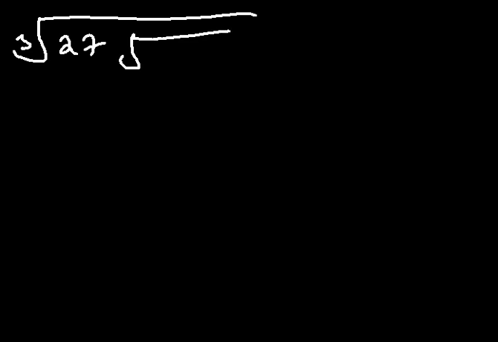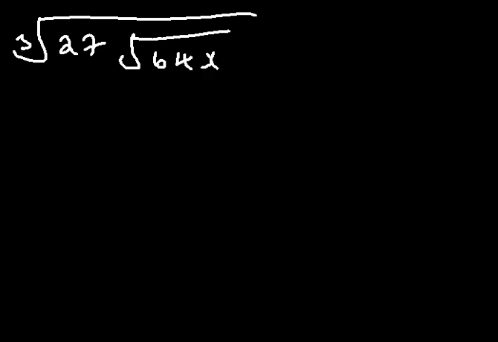And also try to understand this one, how best you can go over that. What if we have the cube root of 27 times the square of 64 times 6?